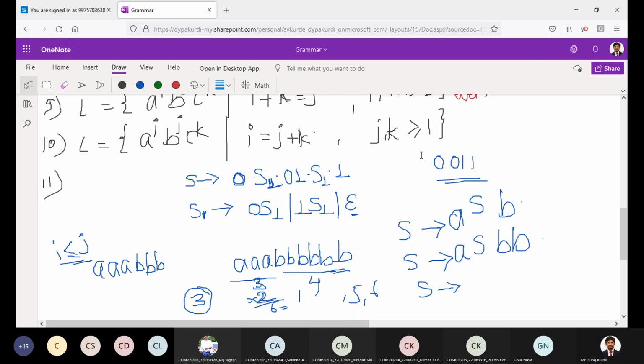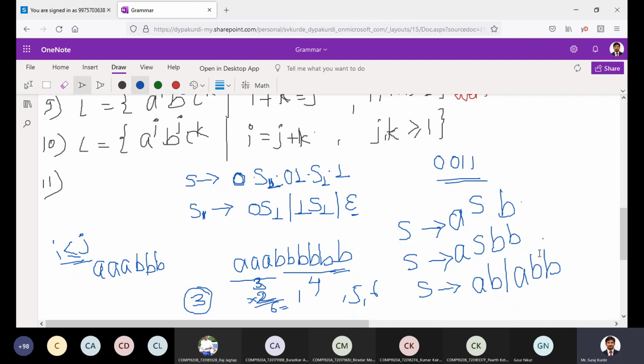It is greater than or equal to 1. So we cannot have epsilon over here. I cannot write epsilon, else the minimum length of the string becomes 0. So it is not allowed. What do I have to write? It should produce AB or ABB.